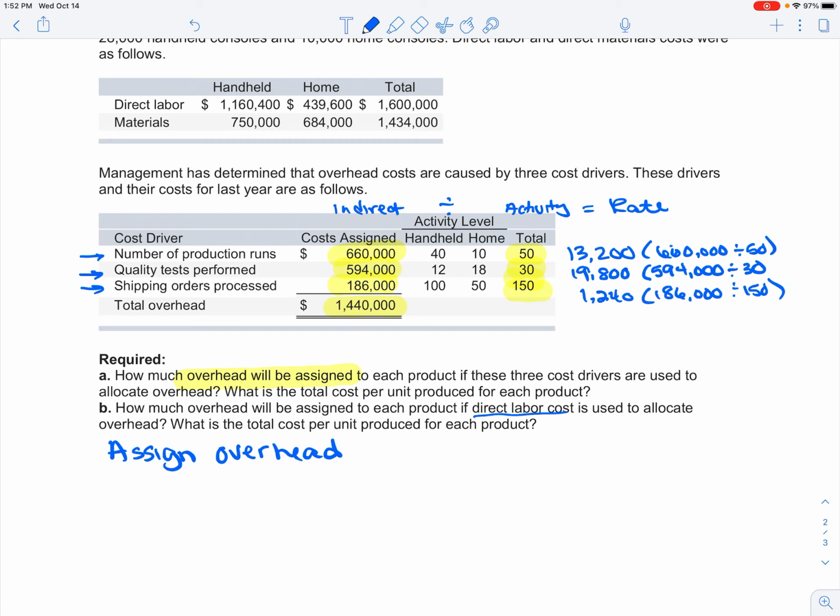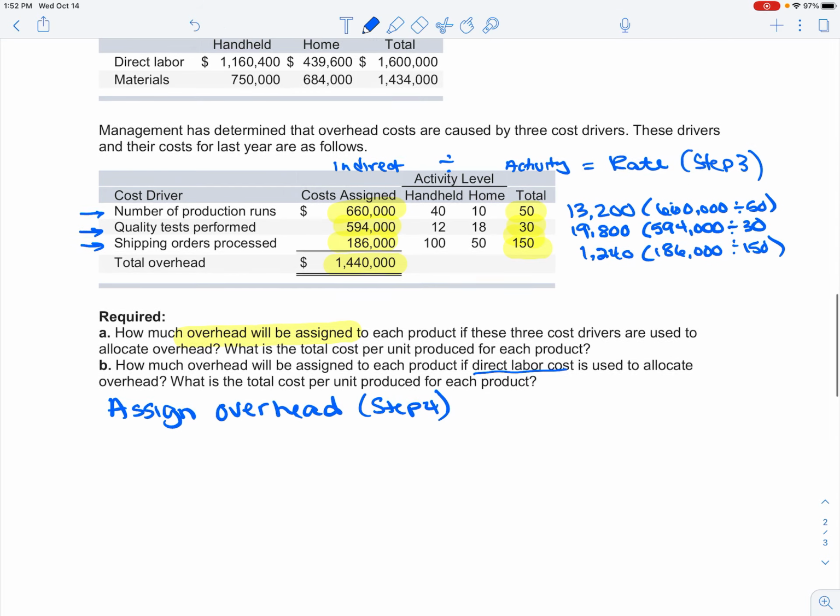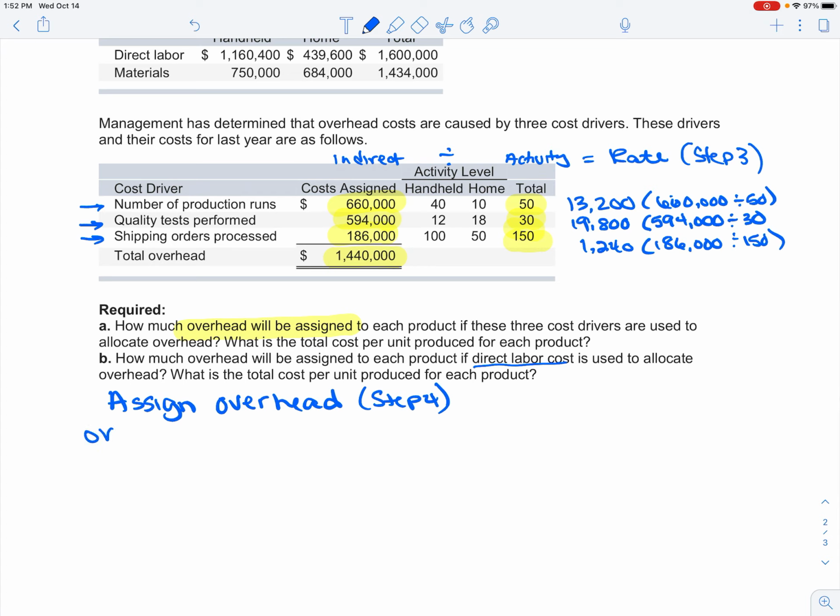So this was really our step 3 where we calculate the rate. Step 4, we assign those costs, and we're going to assign them by product. So let's look at this overhead piece.